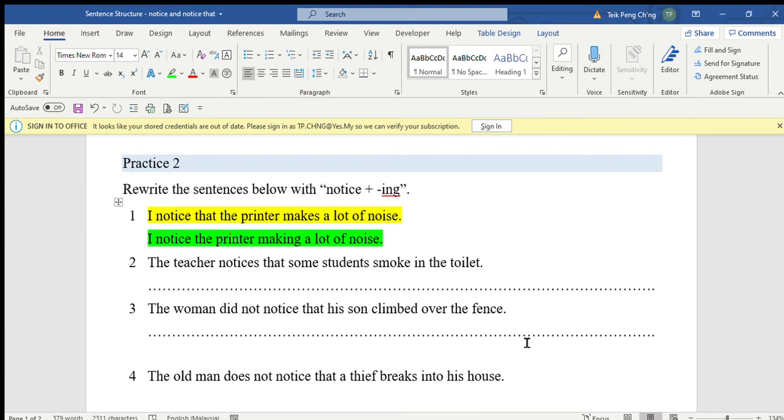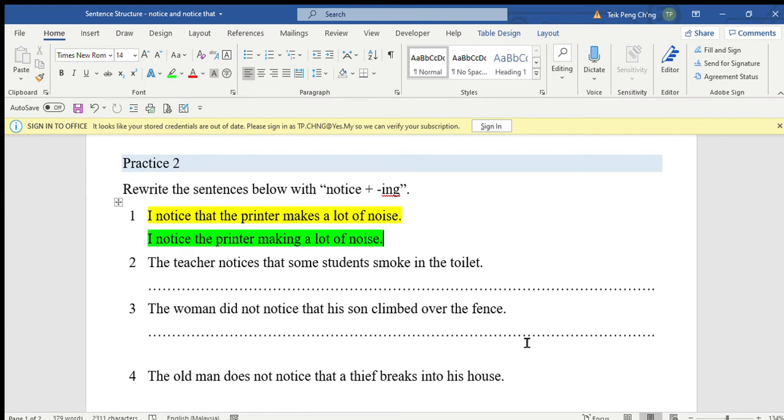Okay? And then when you say, I noticed the printer making a lot of noise, it means that the printer is making a lot of noise at the moment when you are speaking this sentence in green. Okay? So that is the small difference between the sentence in yellow and the sentence in green.